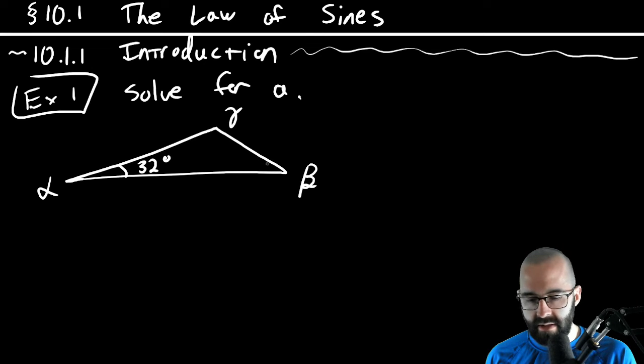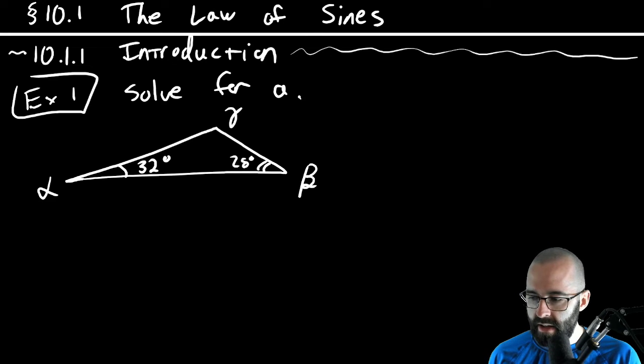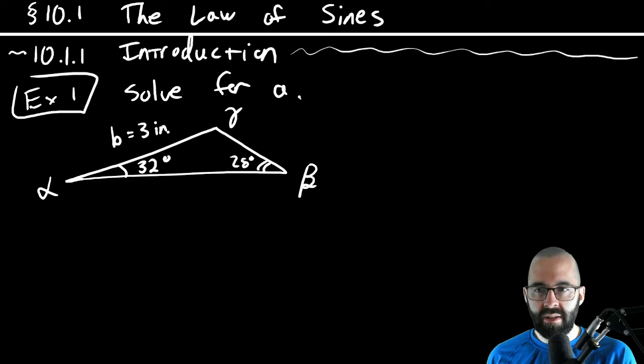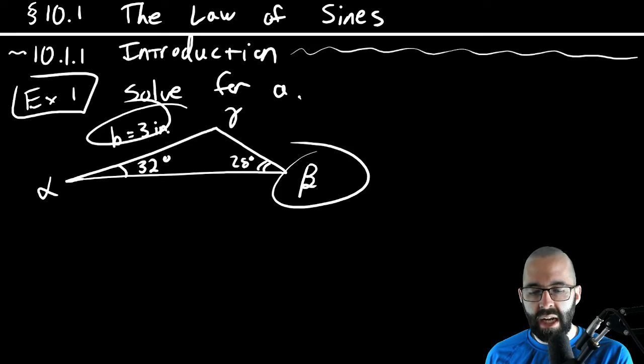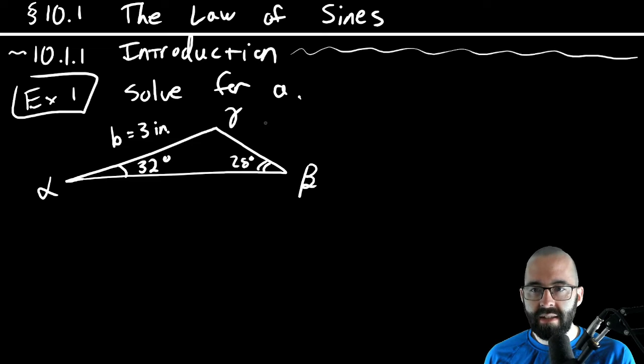This angle over here is going to be 28 degrees. And this is B, which is 3 inches. Something that's very common is B is opposite beta. So A is going to be opposite alpha. And that's what we want to solve.